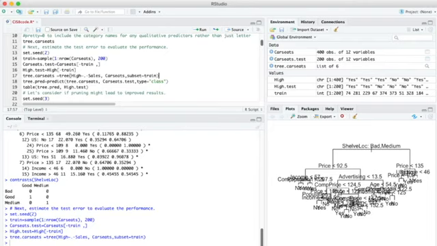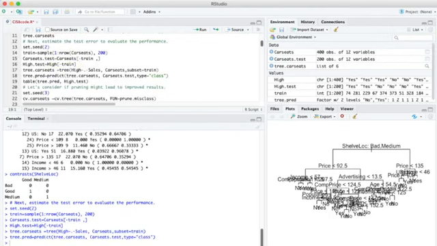Now we have built this tree based only on the training data set, and we save it in tree.carseats. Next we're going to predict. We predict using the predict function here, and we store the result in tree.pred.